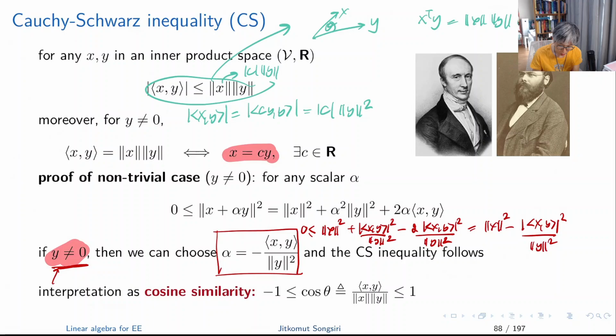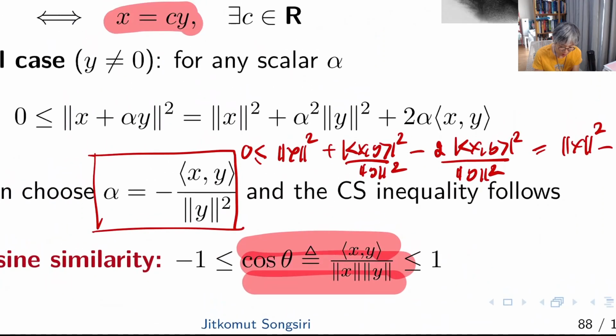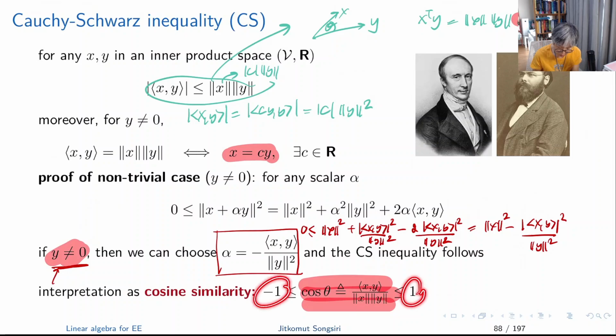So we can generalize this concept. How about we use this cosine theta and generalize it so that it can be a similarity index for any inner product. So if we define cosine similarity as inner product between x and y divided by norm of x times norm of y, this is going to be a quantity between -1 and 1.